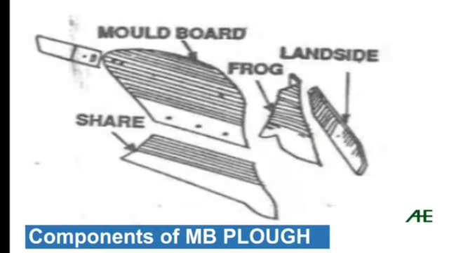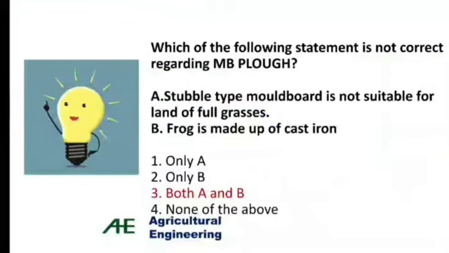So we will again go back to our first question. Our first question was, in which of the following is the statement not correct? First one was, stubble type mold board is not suitable for land full of grasses. Not correct. And frog is made up of cast iron.